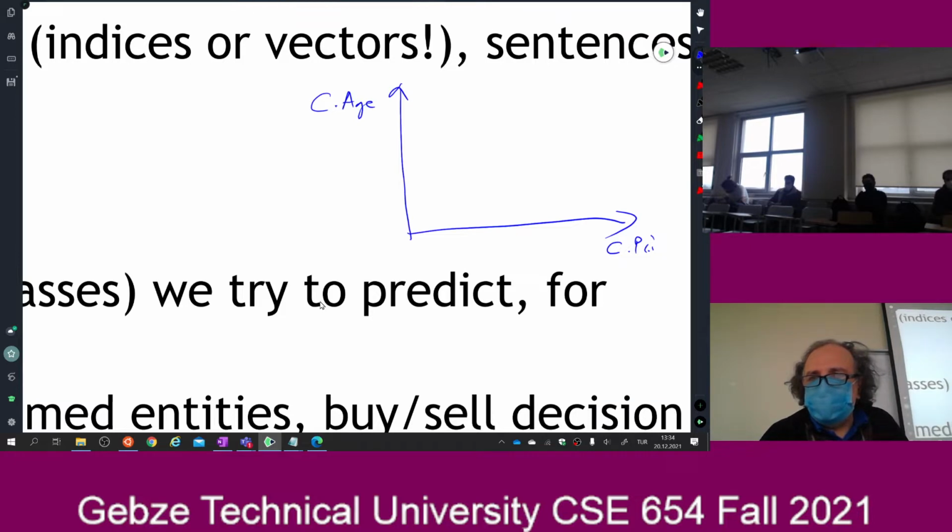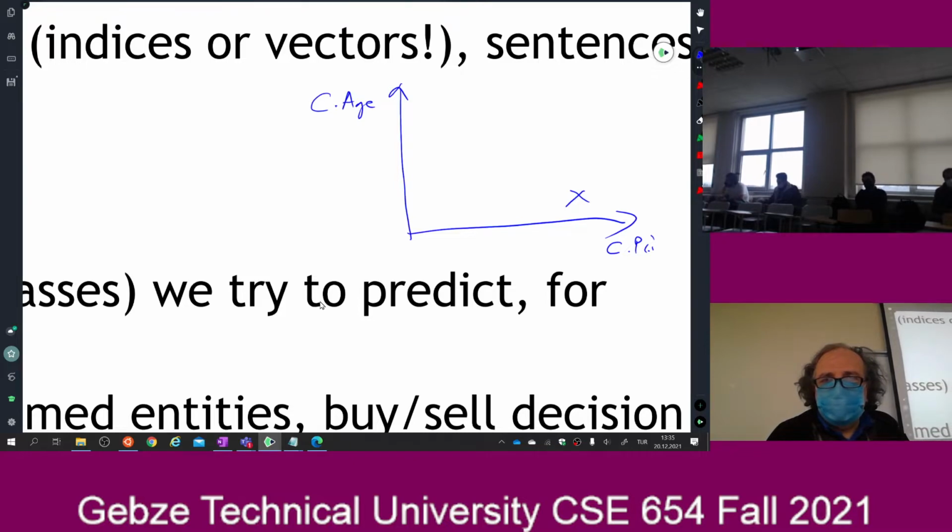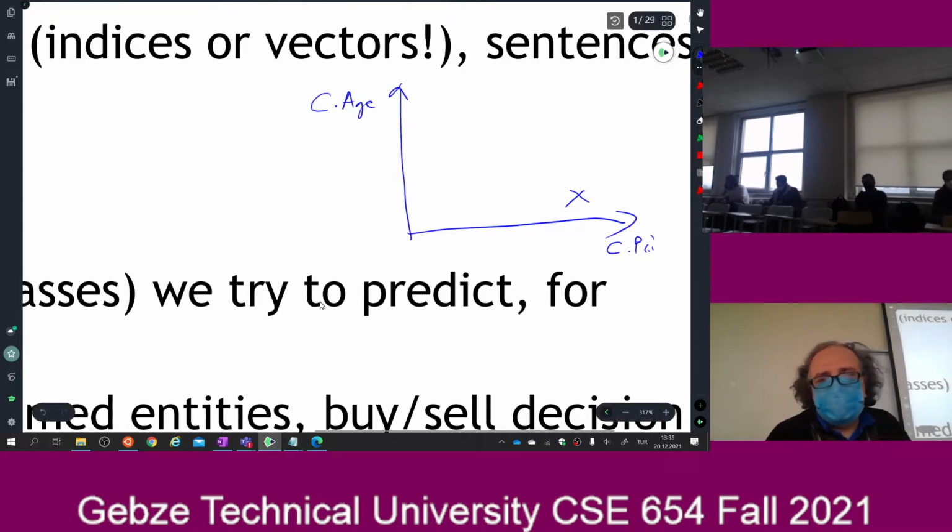And let's see some examples. For example, here car price is very high, and my car is young. I think that this would sell quickly. It is high, but it is young, not a very old car.